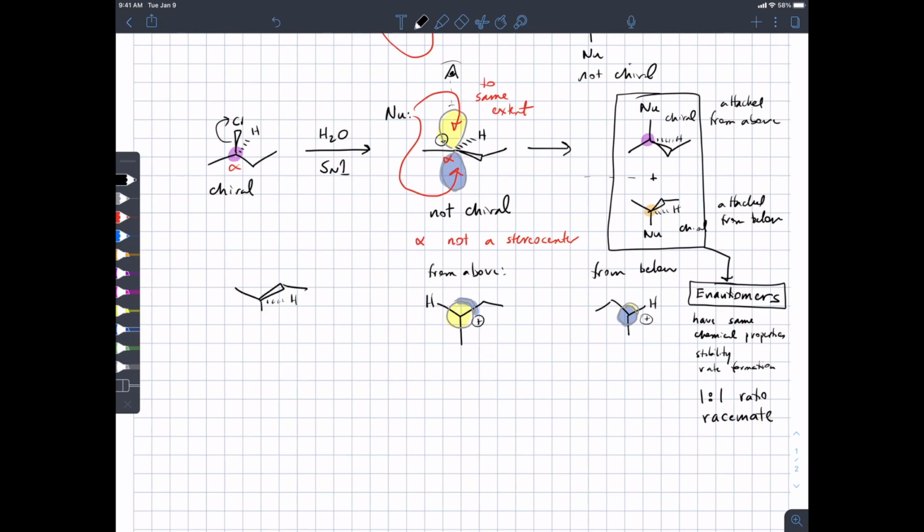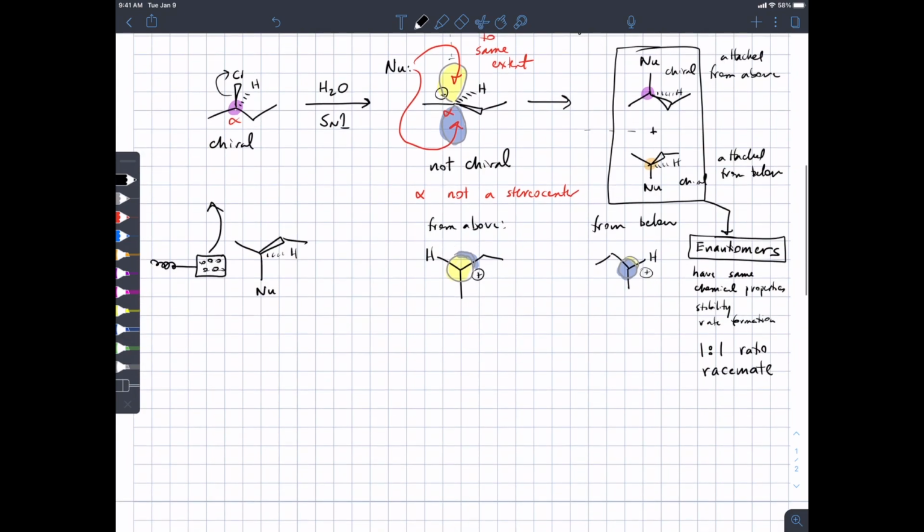A question from the chat is, how are these actually different? Couldn't you just pancake flip this molecule from top to bottom, or from bottom to top, 180 degrees? If you did that, you would get this.